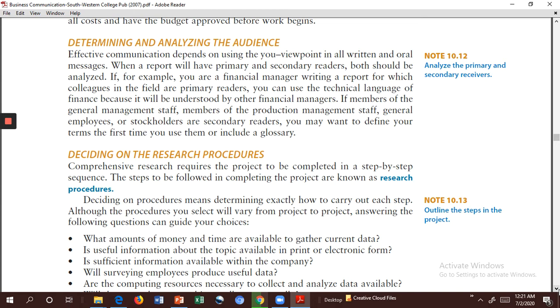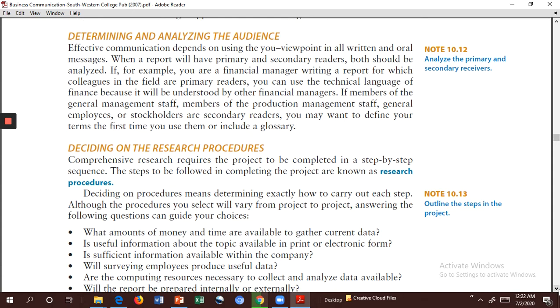And if you send that report to the marketing department, then those people could be taken as the secondary receivers, because they're not directly related to that matter or topic.